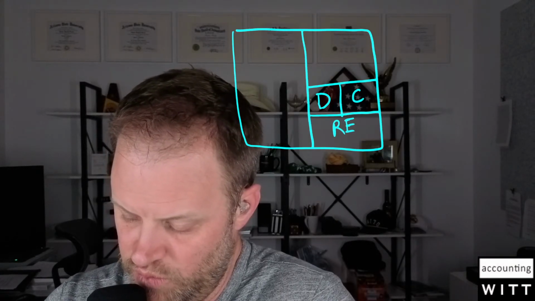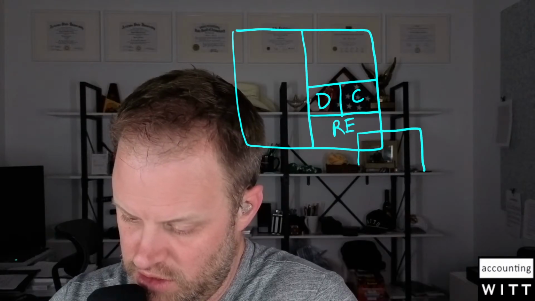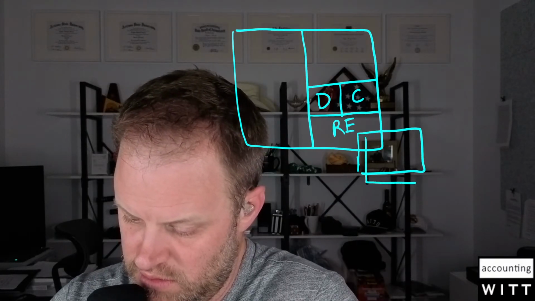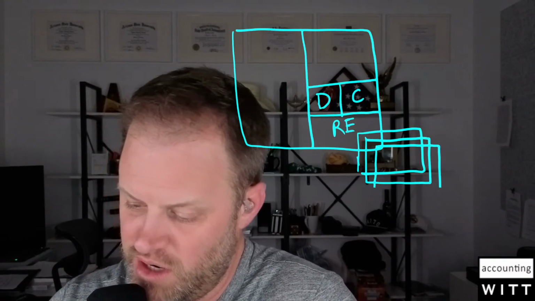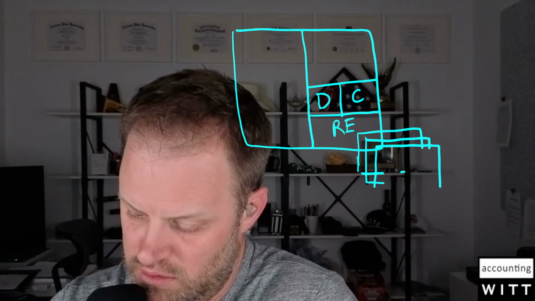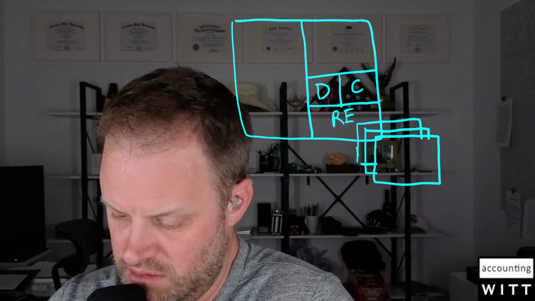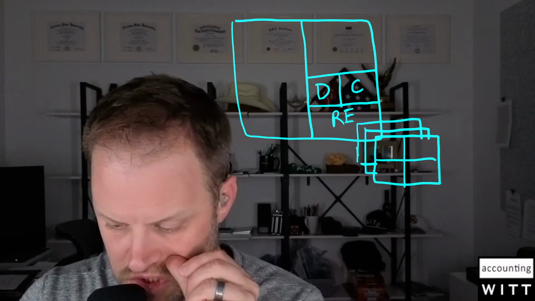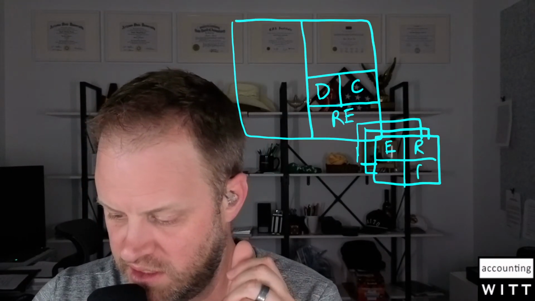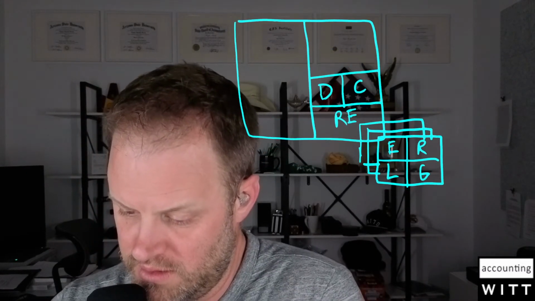And then we will show retained earnings is just a stack of prior changes from the income statement, which will show as revenue, expenses, gains, and losses.